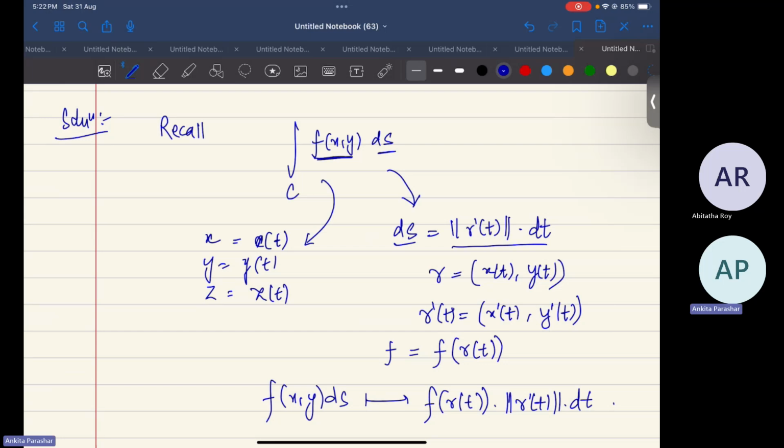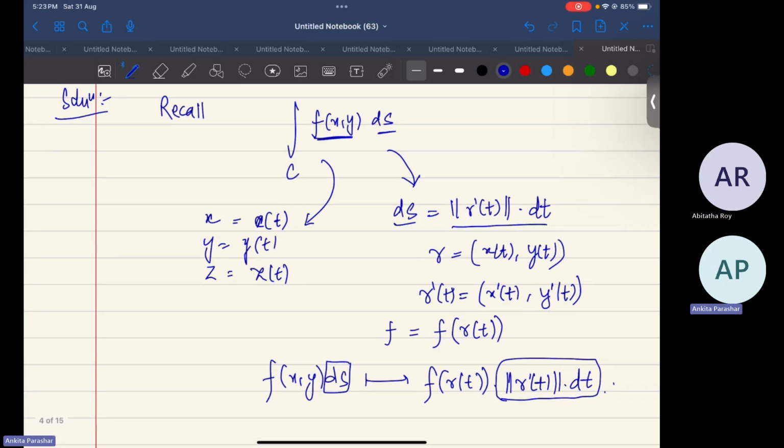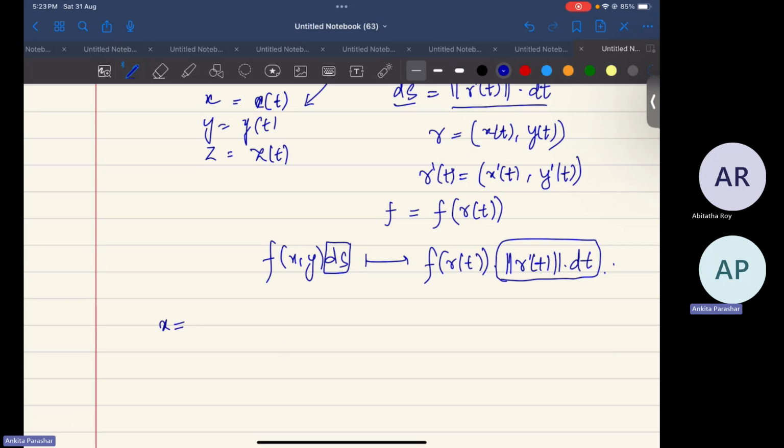And this, if you remember, is by the Jacobian identity, some kind of change of variable. We had written x is r cos theta, y is r sin theta. Then dx dy was changed to r dr d theta. This r came because of the determinant of a Jacobian matrix.